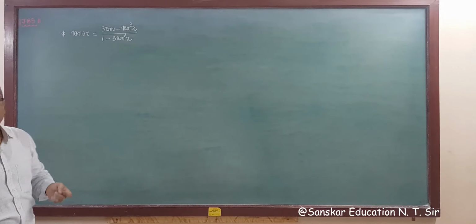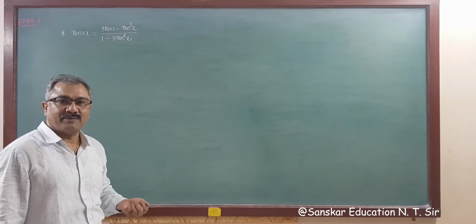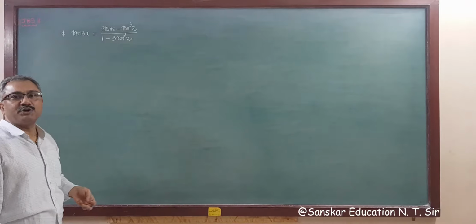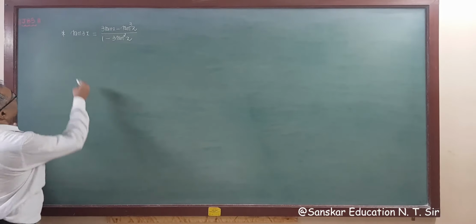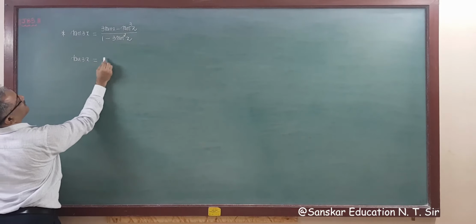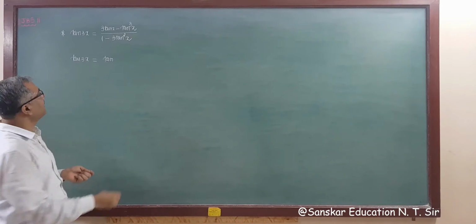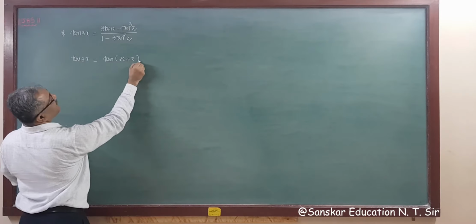So the last formula, as we discussed, for tan 3x is (3 tan x minus tan cube x) upon (1 minus 3 tan square x). Right? Now, starting with this tan 3x, splitting as usual, as we did in sine and cos. So, tan of 2x plus x.